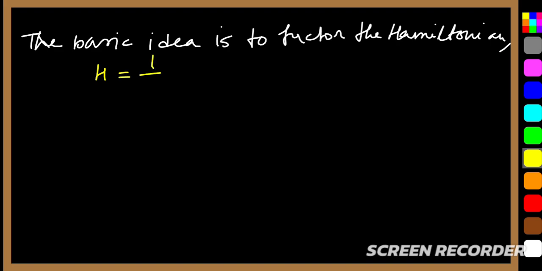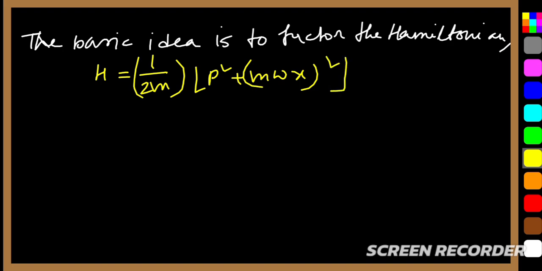That must be 1 by 2m, bracket close, that is p square plus m omega x whole square. This is the fourth equation. So H equal to 1 by 2m, within third bracket p square plus m omega x whole square.